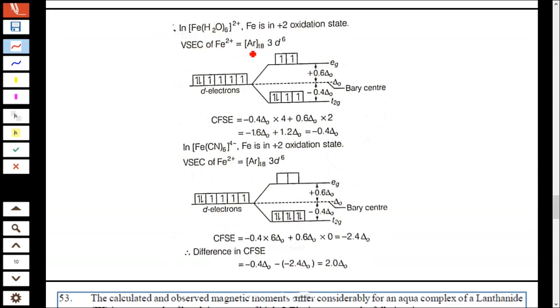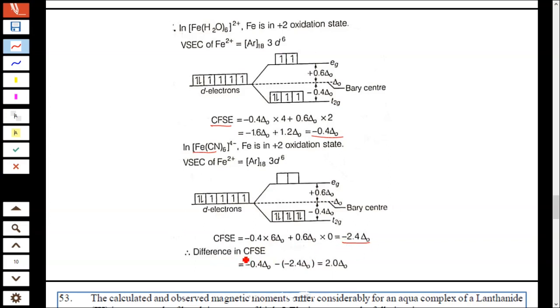Here the splitting is given, and the crystal field stabilization energy is minus 0.4, and in the second complex the crystal field stabilization energy is minus 2.4.